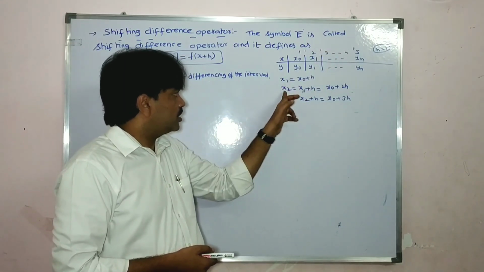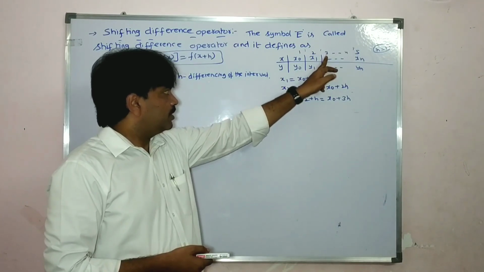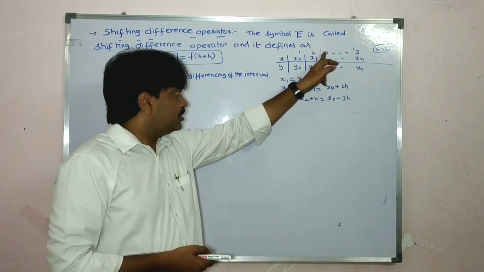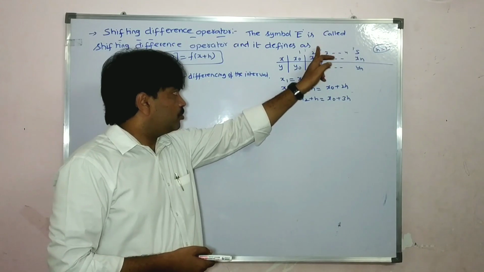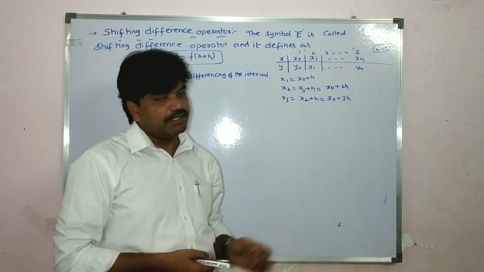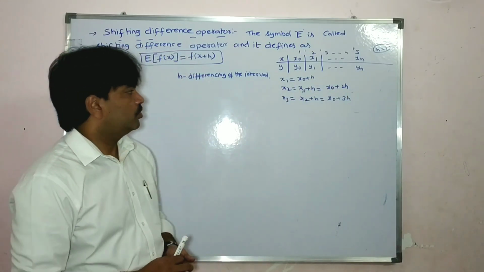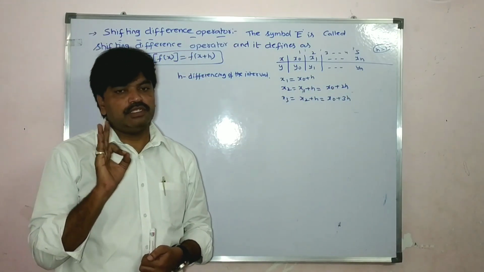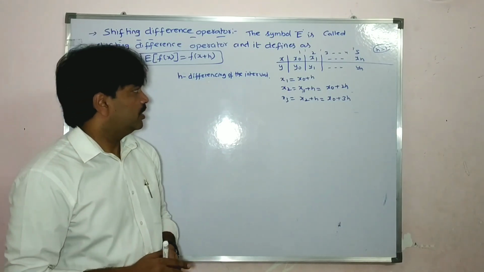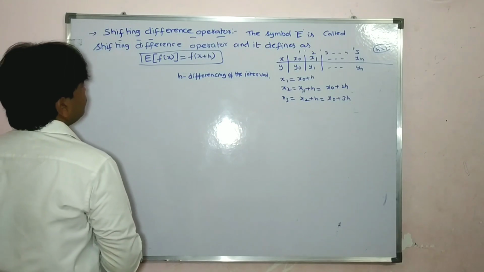Suppose x2 is 3. How can you get 3, students? 2 plus, suppose the difference is 1 here, so 2 plus 1, we get 3. So x2, how can you get it, students? x1 plus h, or x0 plus 2h. Have you got the point, students? Right. This is very, very important, students. H is the differencing of the interval.